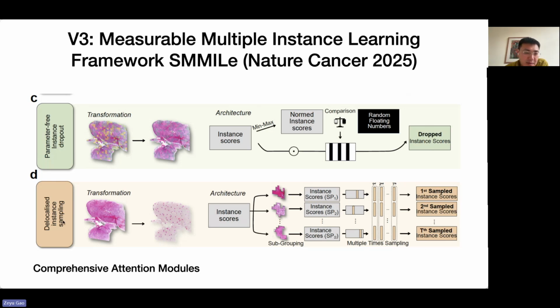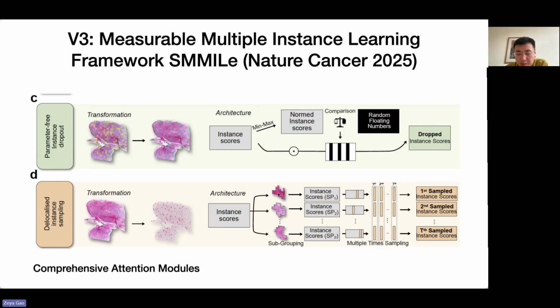Then we want to involve more different kinds of combinations of bags, not only relying on the original bag of each slide. So we have a delocalized instance sampling. Basically, we do superpixel segmentation to segment each slide into several subgroups, and within each subgroup we do the sampling.